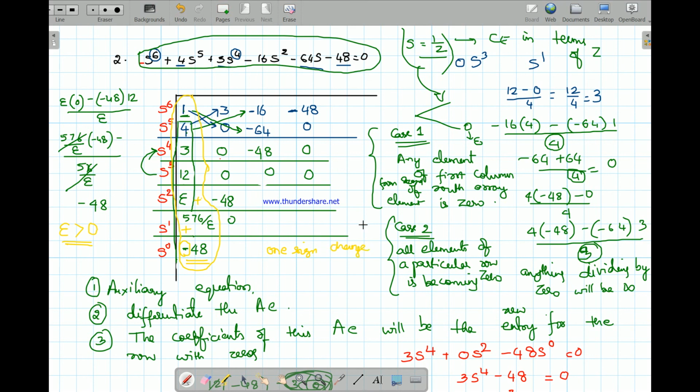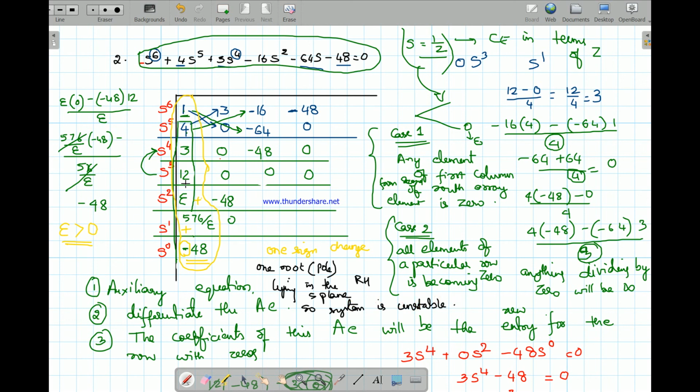If there is one sign change, it means there is one root, or one pole, lying in the right half of S plane. So the system is unstable.